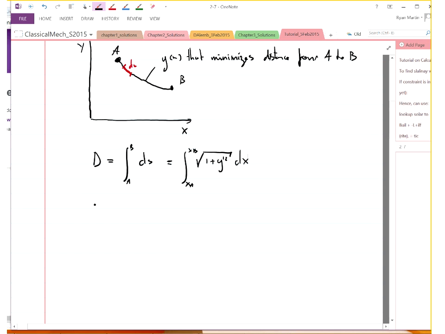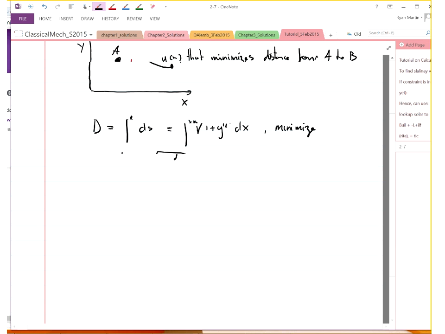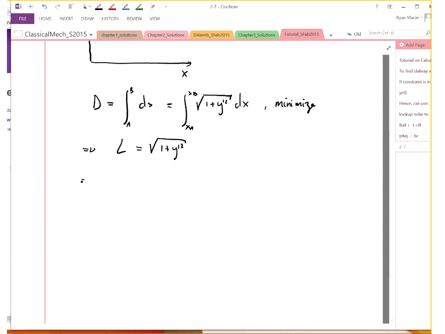Okay, so what we really want is the minimal value of this. So that means our function L is the square root of 1 plus y prime squared. So that's pretty much it for setting up the problem.